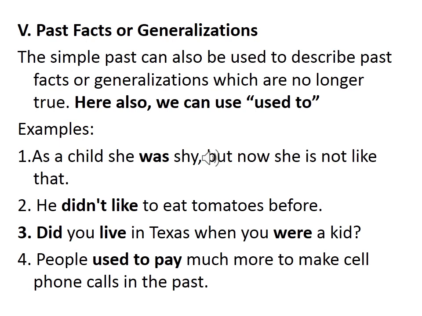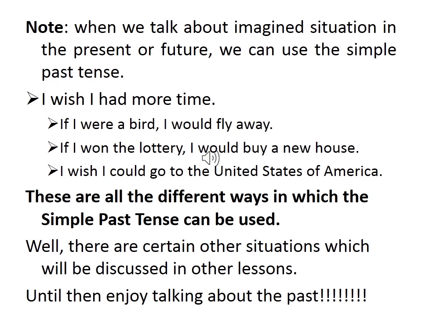He didn't like to eat tomatoes before. Did you live in Texas when you were a kid? People used to pay much more to make cell phone calls in the past. Now, all these sentences are talking about facts, but these are facts which occurred in the past and not in the present.